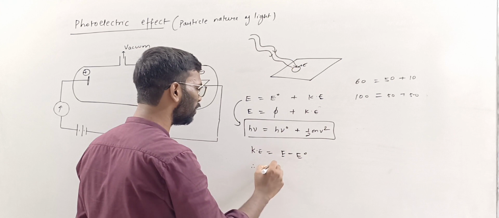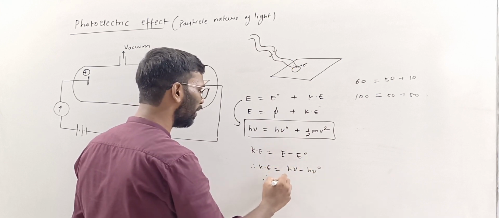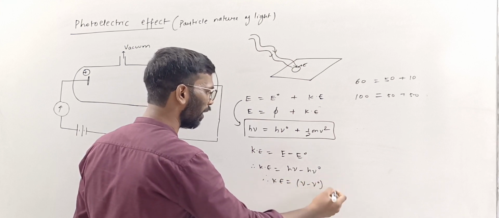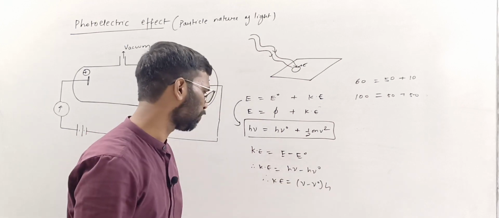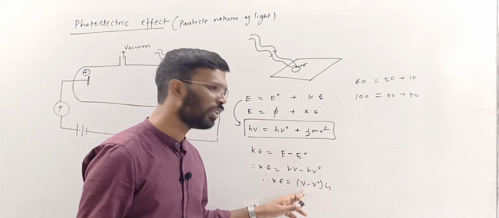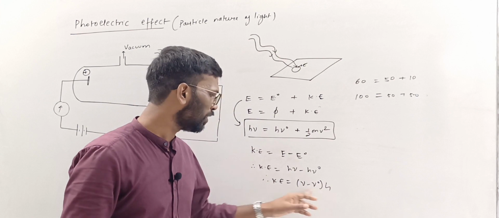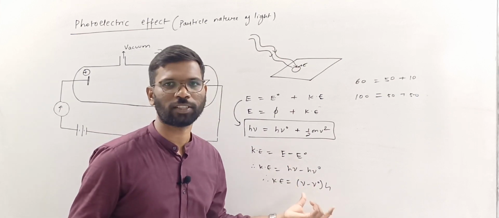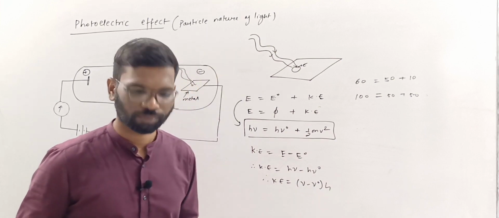Therefore kinetic energy is also h nu minus h nu naught, which can be written as h times (nu minus nu naught), where nu is the supplied frequency and nu naught is the minimum frequency, and frequency gives rise to energy. When both the frequencies are equal, the kinetic energy will be 0, right? This is the equation.